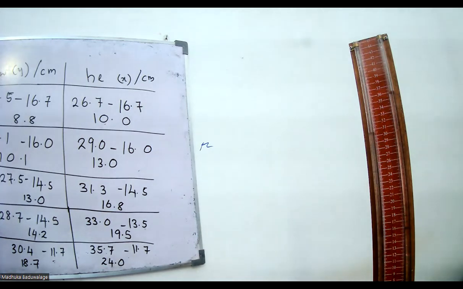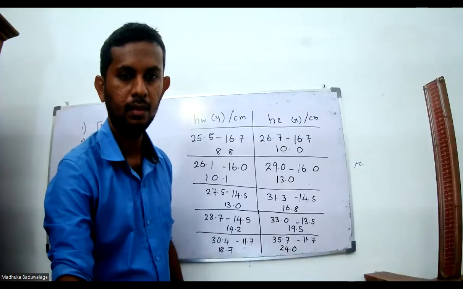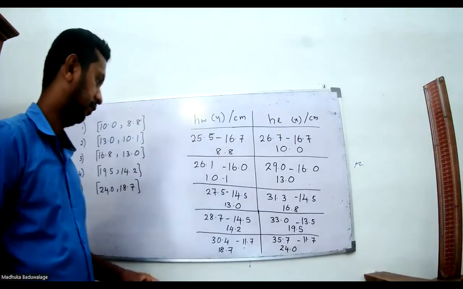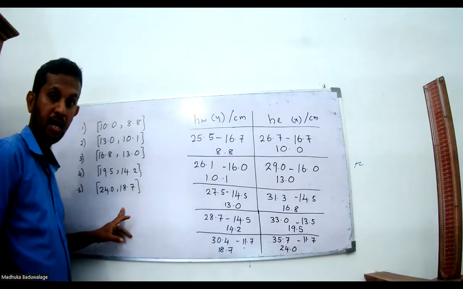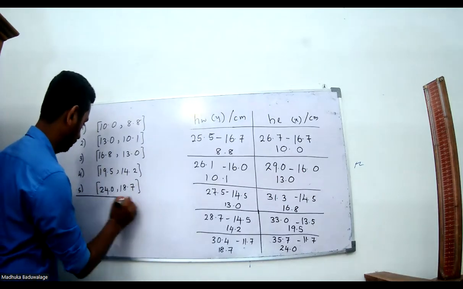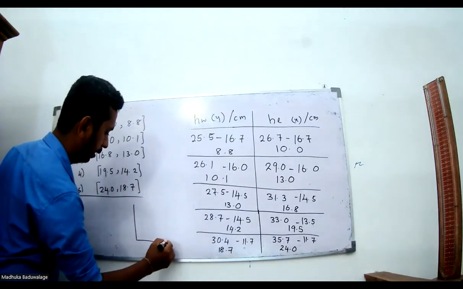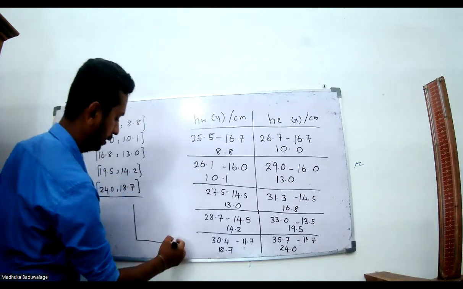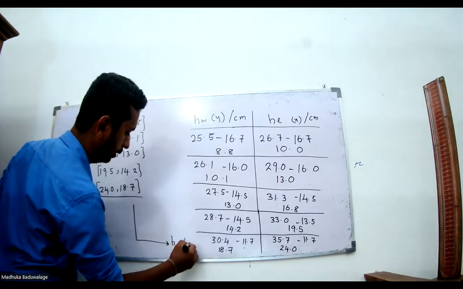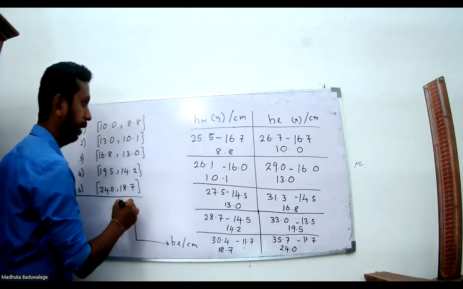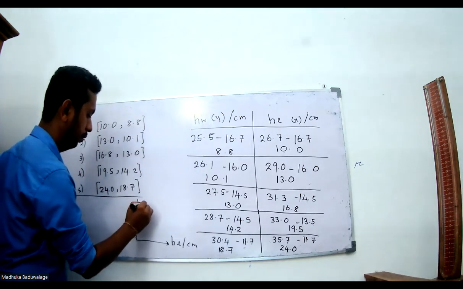Now, using this data table, we have to plot the graph using these details. On the x-axis we represent HL, in centimeters, and the vertical axis is HW.